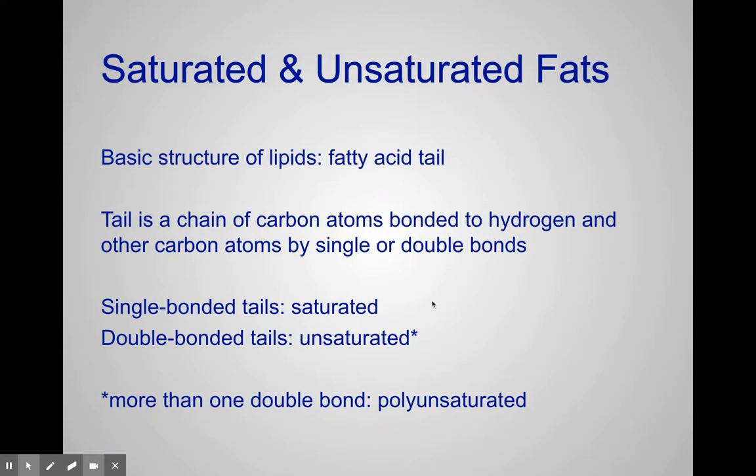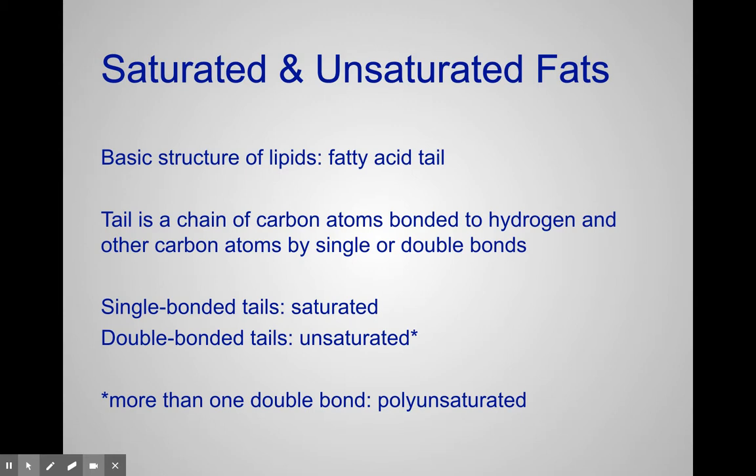So talking a little bit more about these, the basic structure of a lipid is a fatty acid tail. The tail is a chain of carbon atoms bonded to hydrogen and other carbon atoms by single or double bonds. The single and double bonds are what differentiate between a saturated and an unsaturated fat.